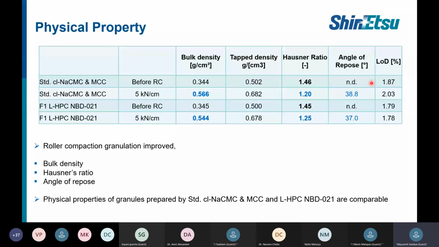But in case of F1, when we are using our NBD 021, which is used as binder cum disintegrant, the dual property, the angle of repose was improved to a greater extent. So that's what we can say: roller compaction can be used to improve the bulk density, the Hausner's ratio or the angle of repose, that is, flow properties can be improved.